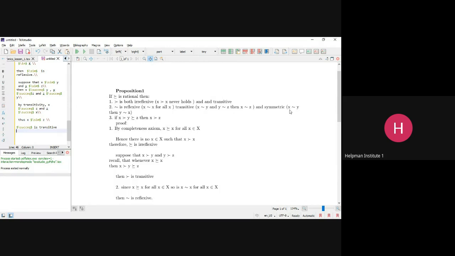It means if X is indifferent from Y, then Y is indifferent from X. When you mirror something, the way you look at it from the back is like looking at it from the other side. That's what we mean by symmetry. In symmetry, only two things are involved, X and Y.